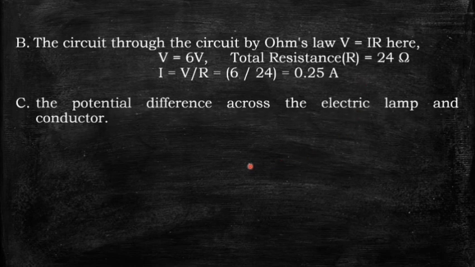Now what is the potential difference only across the electric lamp, they are asking. The electric lamp was of 20 ohms, it is a resistance, and the current will be the same, that is 0.25 amps.